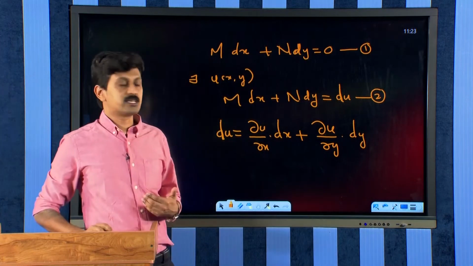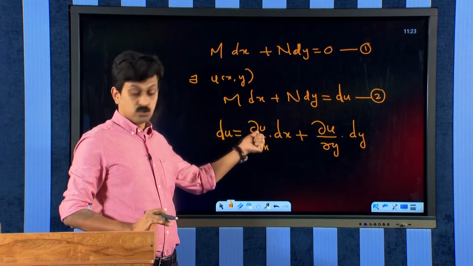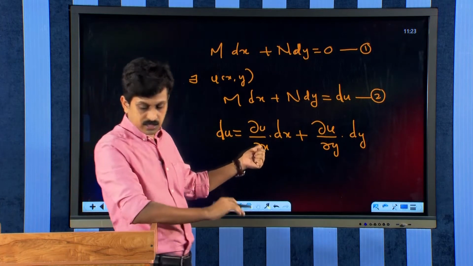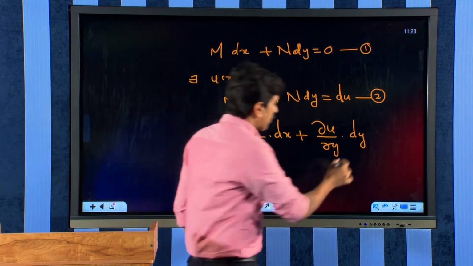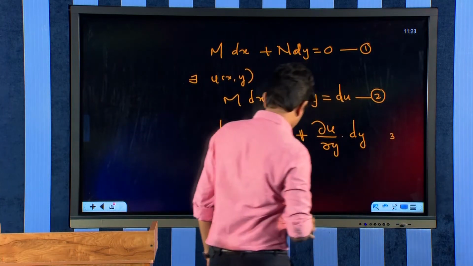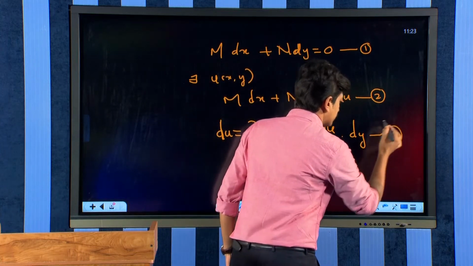So, since u is a function of x and y, we can write du like this: ∂u/∂x dx plus ∂u/∂y dy. I would like to put this as equation number 3.